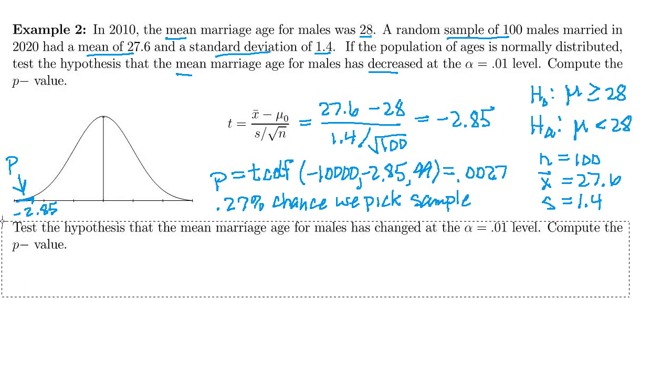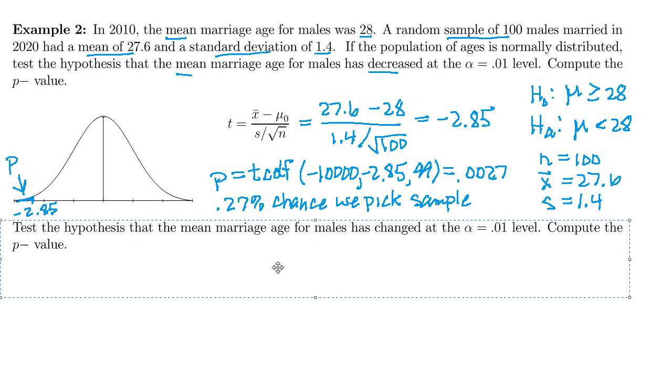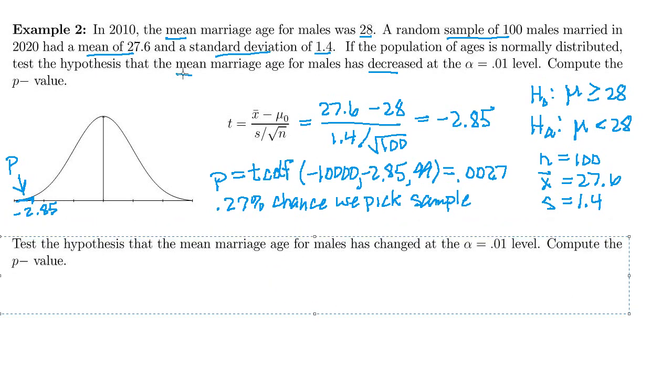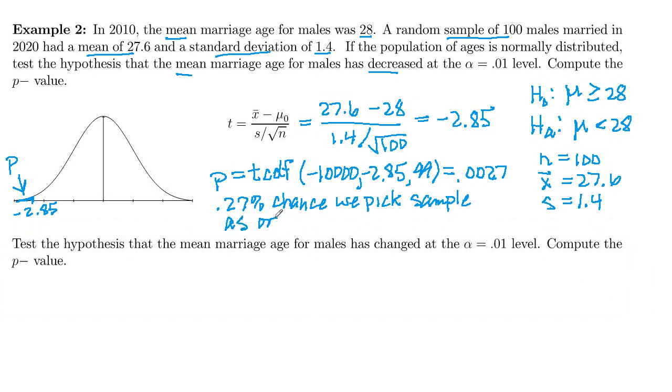So it's unlikely that this is just due to random chance. As or more extreme. So this is a pretty extreme sample. Pretty strong evidence.